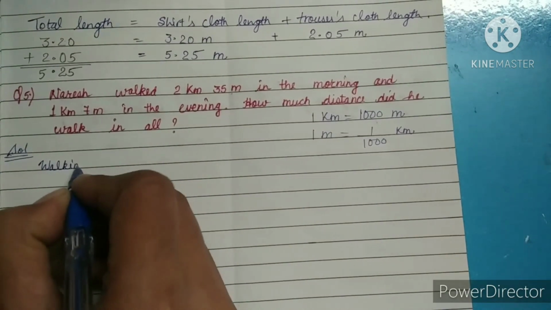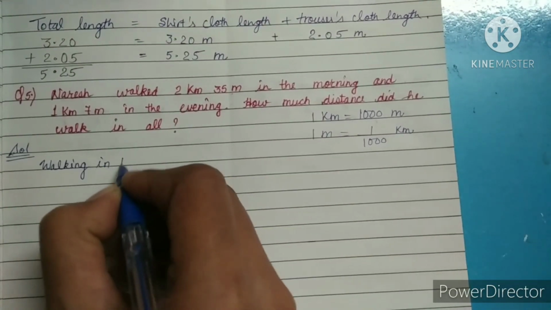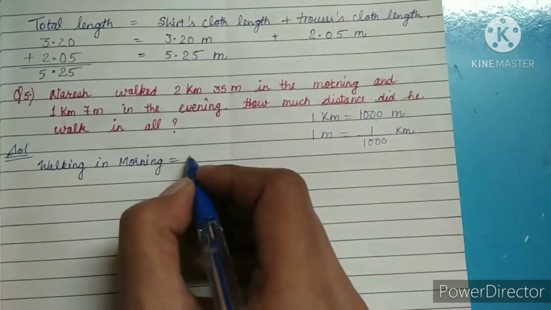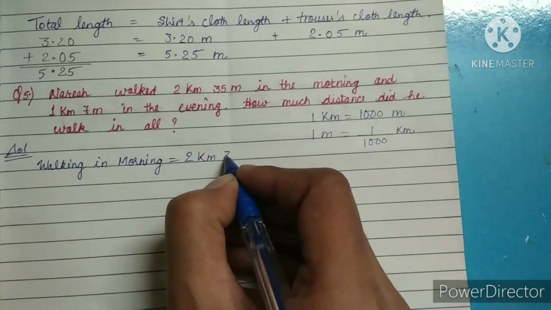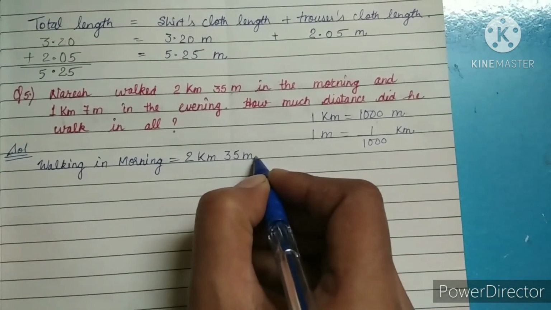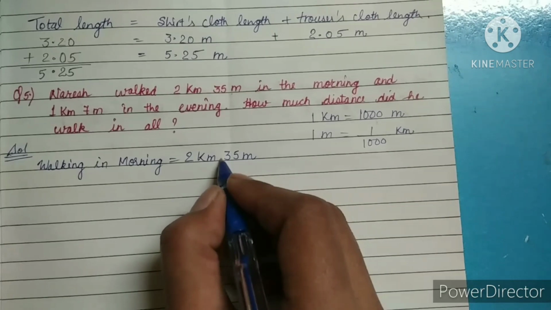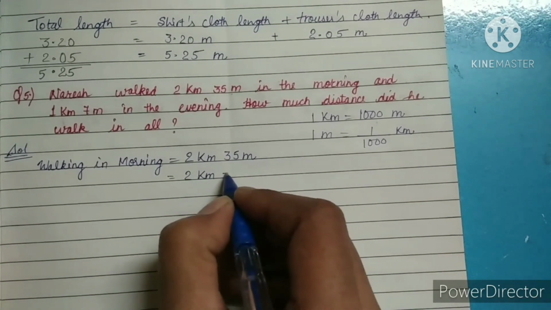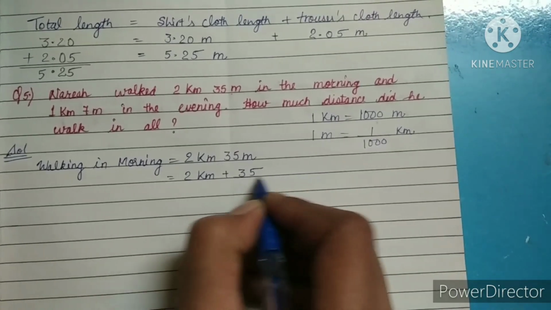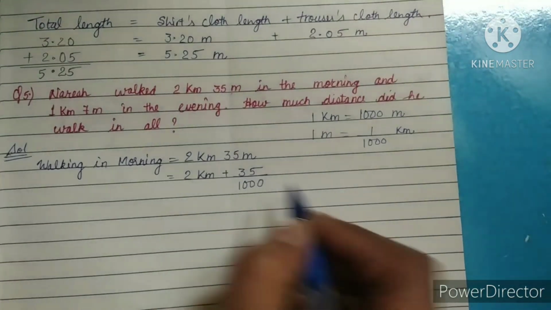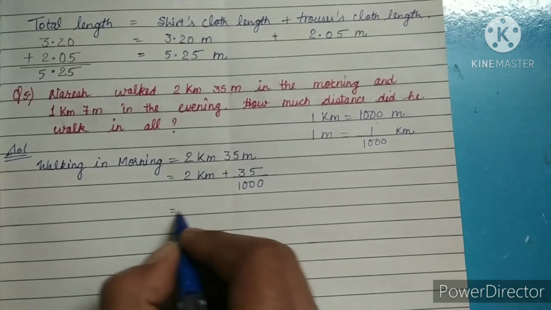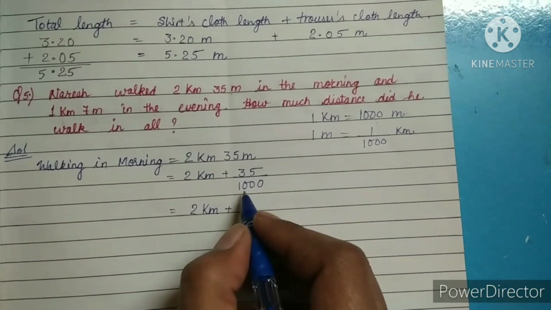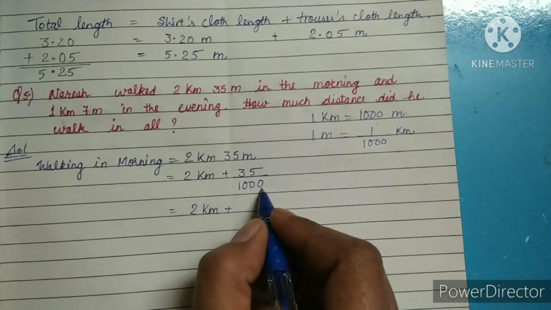Walking in morning is 2 kilometer 35 meter. So this 35 will change into kilometer. It means 35 will divide by 1000. 1000 is having 1, 2, 3 zeros.